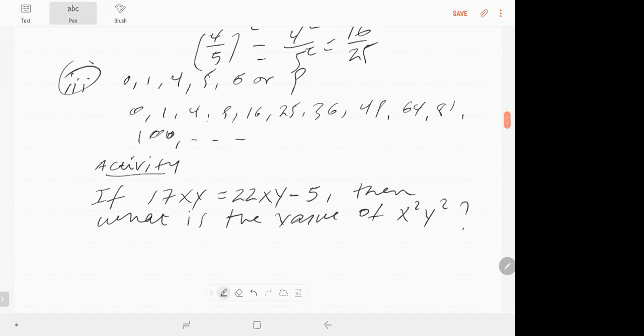The question is, if 17xy is equal to 22xy minus 5, then what is the value of x squared y squared? Let me give you 5 minutes, try this question, and you will tell me your answer.